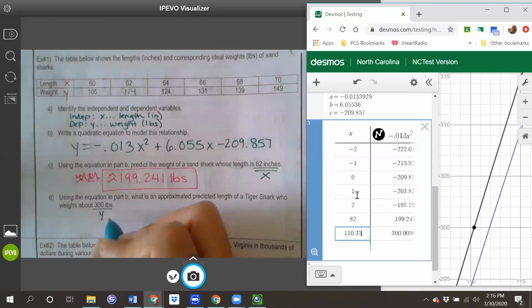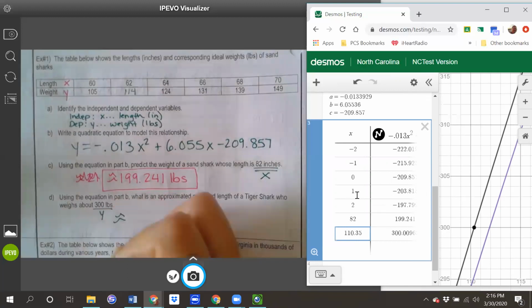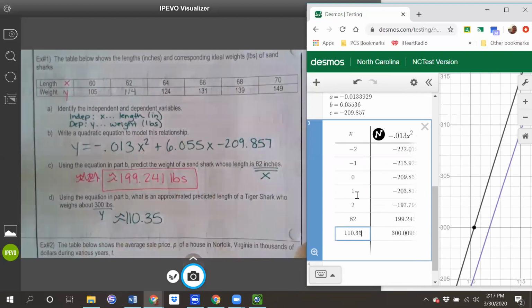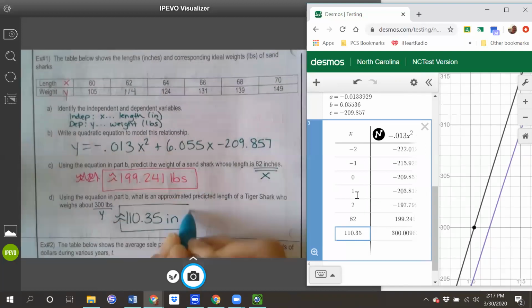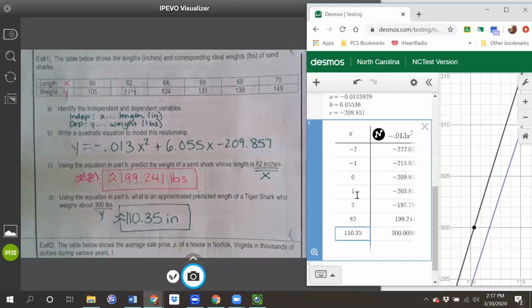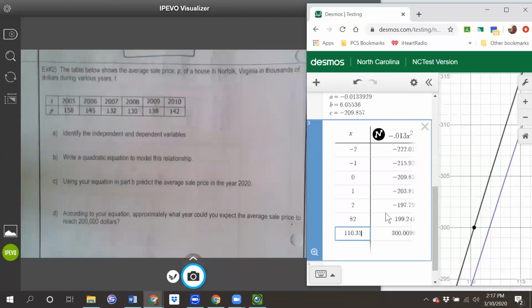So when my Y value is 300, my X value has to be approximately 110.35. What are X's? X's are inches. So Desmos is cool because you can just plug in numbers to find a quick estimate. That is a little quicker and more user-friendly than manipulating your calculator like that.